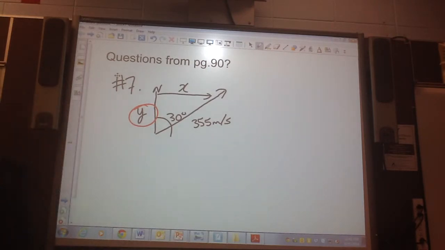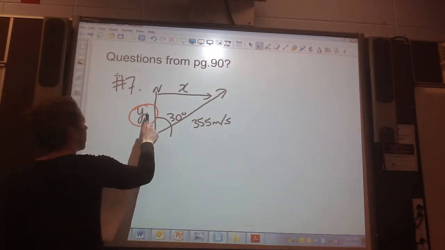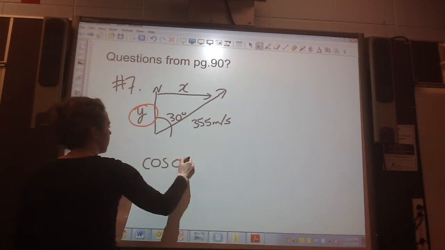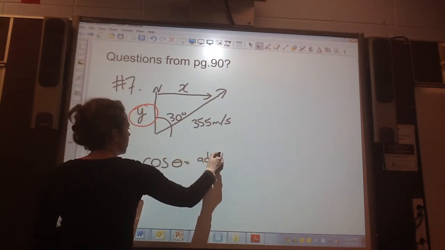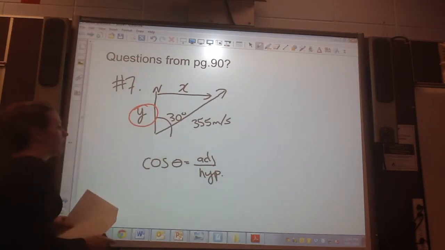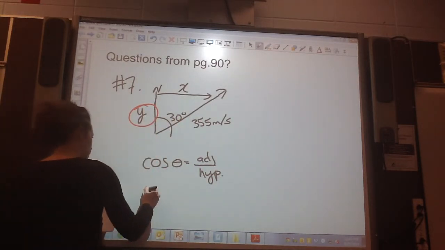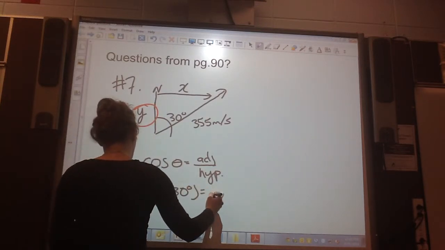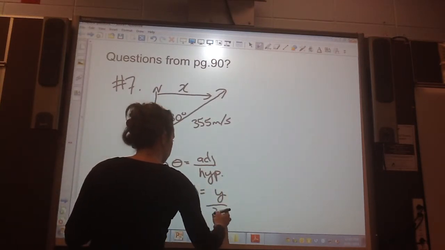Now, I think that the textbook has the wrong answer for this, because if we were trying to find out y, we need cos theta is equal to adjacent over hypotenuse. So I have cos 30 degrees is equal to y over 355.